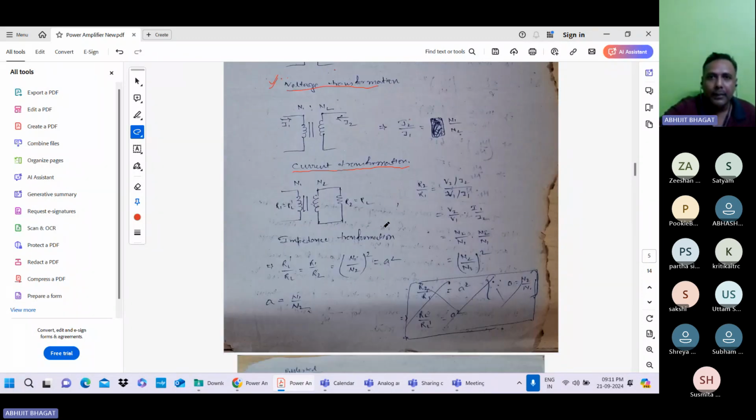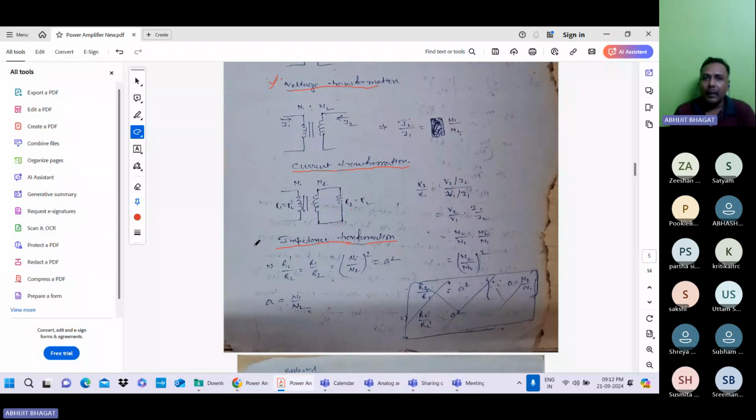Next is the impedance transformation. Have you studied about the impedance transformation previously? So in case of impedance transformation, if you connect the load across the secondary side, what is the effect of this load at the primary side?